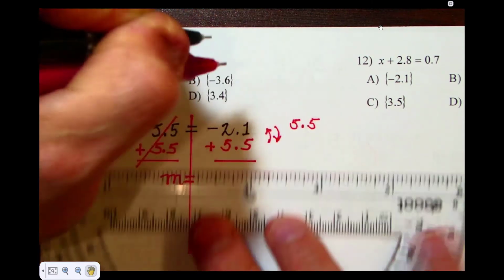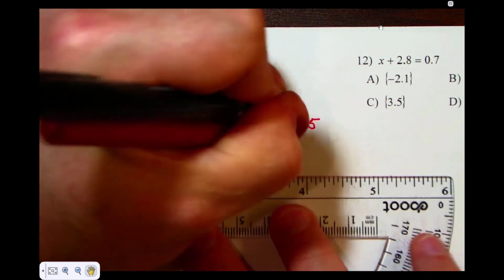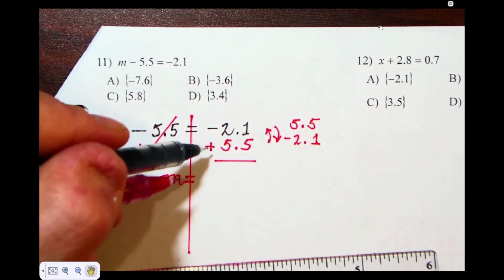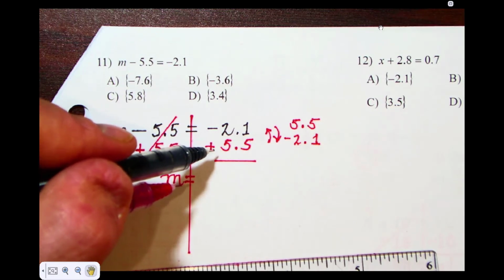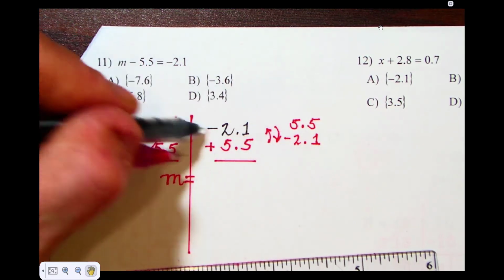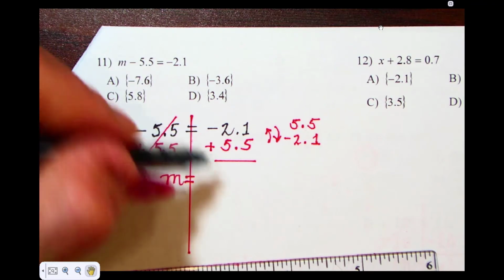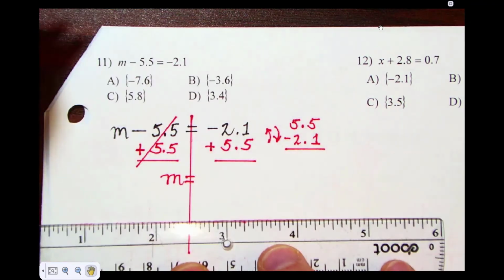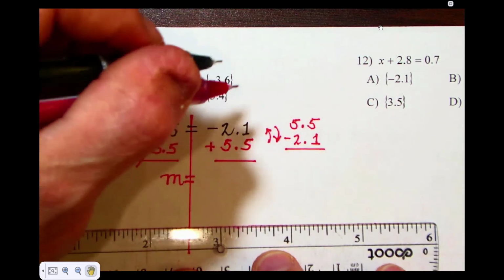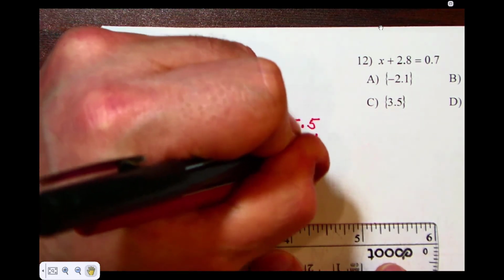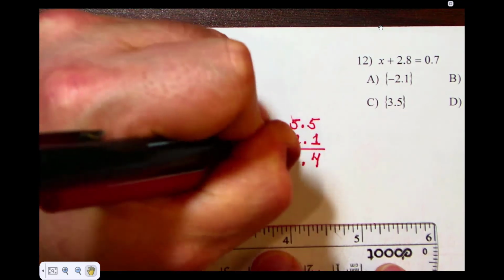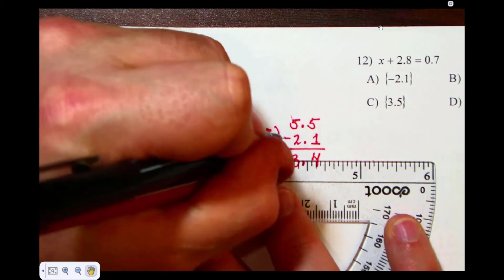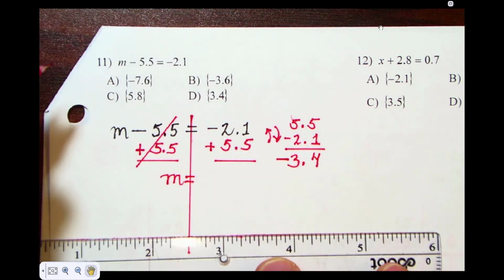Now people say, well, how do you know? How did you know to do that? Well, here's the way you look at it. The bigger number has to go on top. When the signs are different, you're going to perform subtraction. Okay, the bigger number has to go on top. Well, now just subtract like normal from third grade. 5 minus 1 is 4. 5 minus 2 is 3. But, and here's the thing, it's negative 3.4, okay?